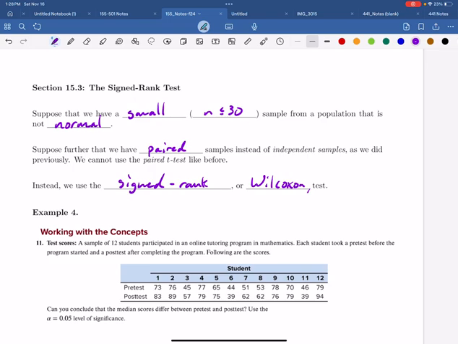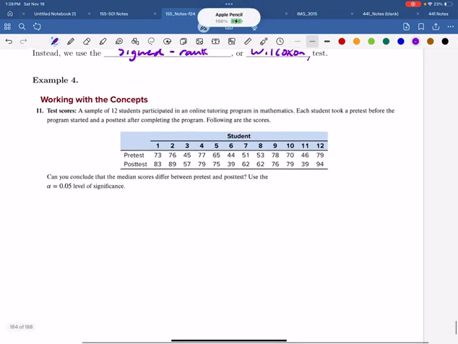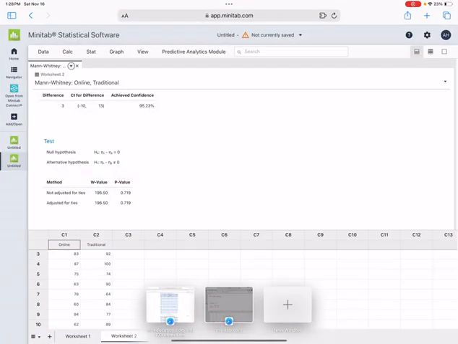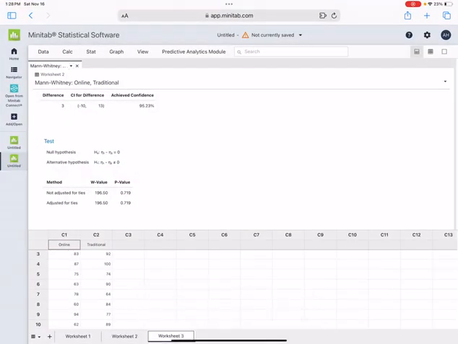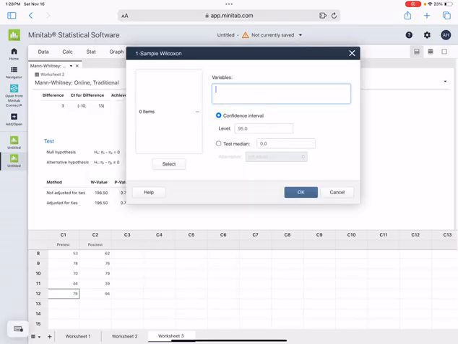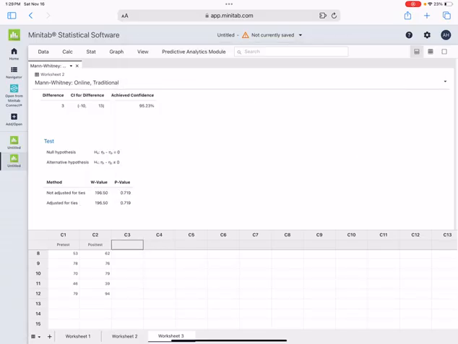There's a whole way to do it in the book. It's really not that bad, but it is several steps. So let's just use Minitab. Entering all the stuff. Remember, it's paired data. Better have the same number. Stat, nonparametrics, one-sample Wilcoxon. Oh, sorry. Before we do that, I need to call this difference.